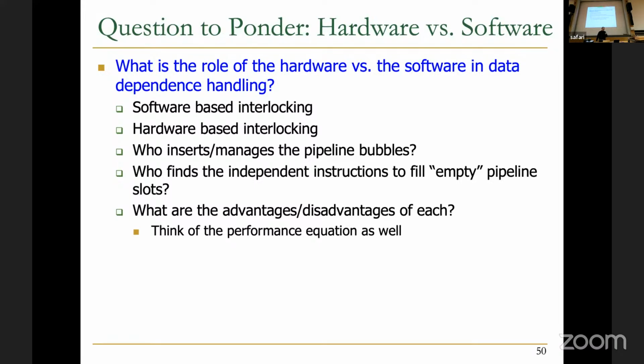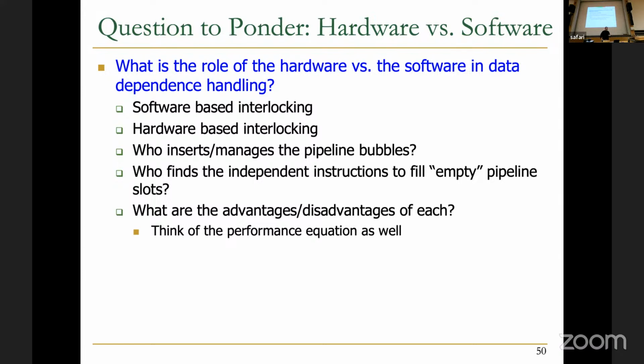For branch prediction, as I also discussed, the compiler can provide some hints to the hardware. For example, the compiler can inform the hardware by some annotation that this instruction is a branch, and this is a backward branch. Usually backward branches are mostly taken, so your hardware can predict that as taken.